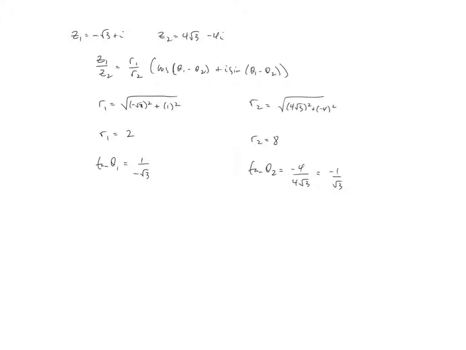Now, theta 1 and theta 2 might very well be different angles, even though tangent equals negative 1 over root 3 for both. Remember, these are points in the complex plane, and we need to make sure that we're in the correct quadrants. Tangent is negative in quadrants 2 and 4.